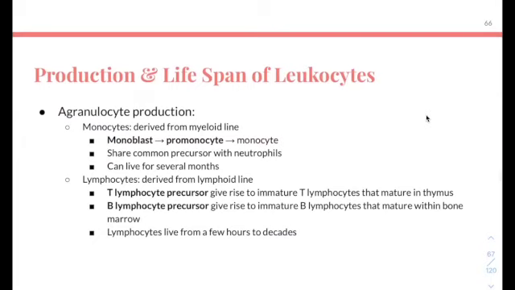Agranulocytes. We have monocytes that come from the myeloid line, and lymphocytes come from the lymphoid line. You don't need to know these steps either, but monocytes can actually live for several months, while lymphocytes surprisingly can live for a few hours to decades, just depending on what they could be used for.